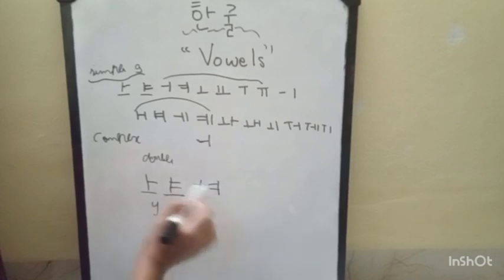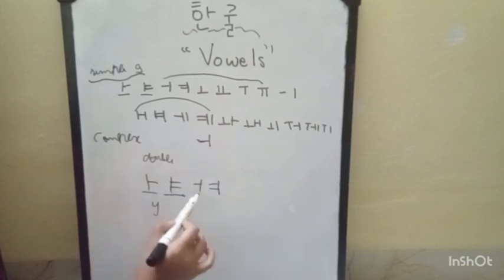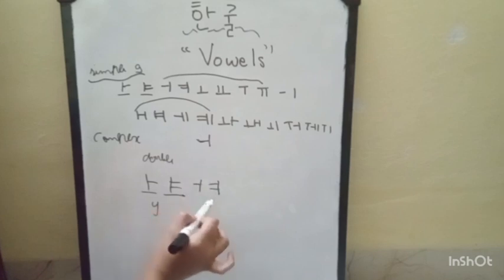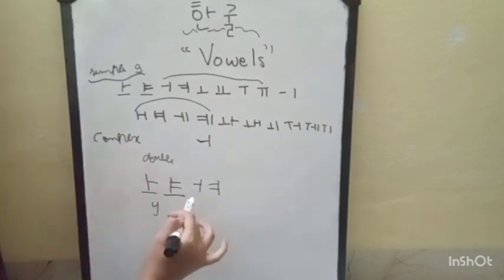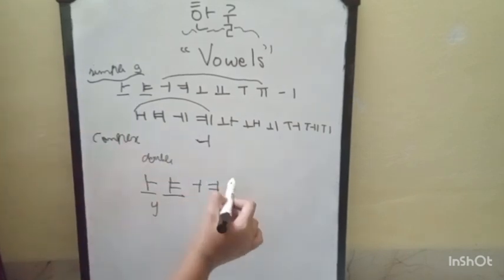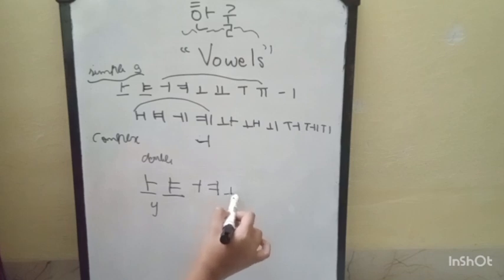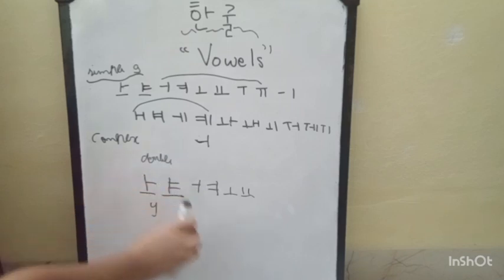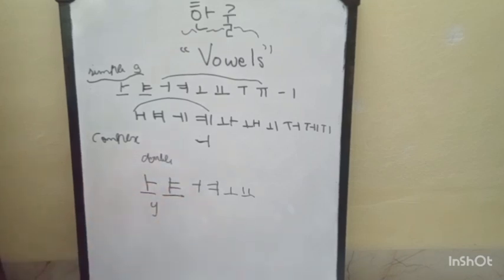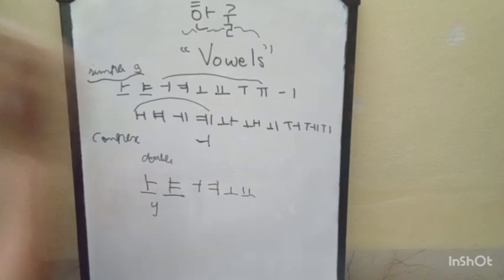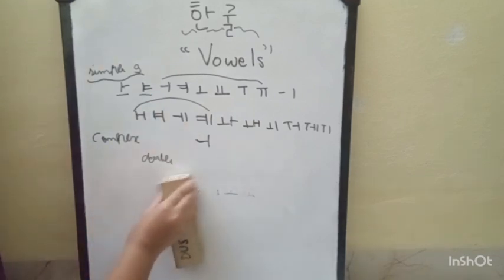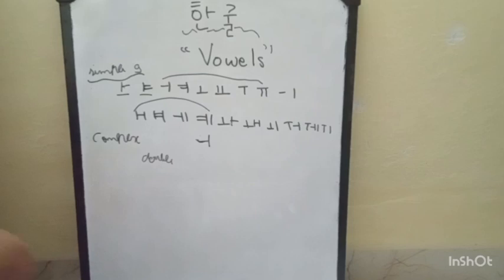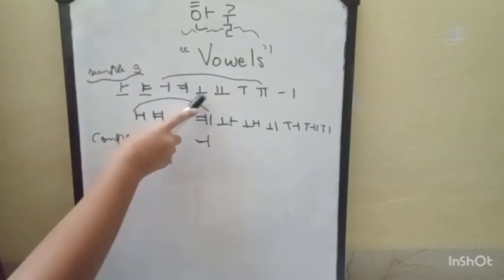Now let us revise them nicely. A, Ya, O, Yo. Widen your mouth. O, Yo. O, Yo, right, but with a bit of Korean accent. So it would sound O, Yo. So that would be A, Ya, O, Yo.